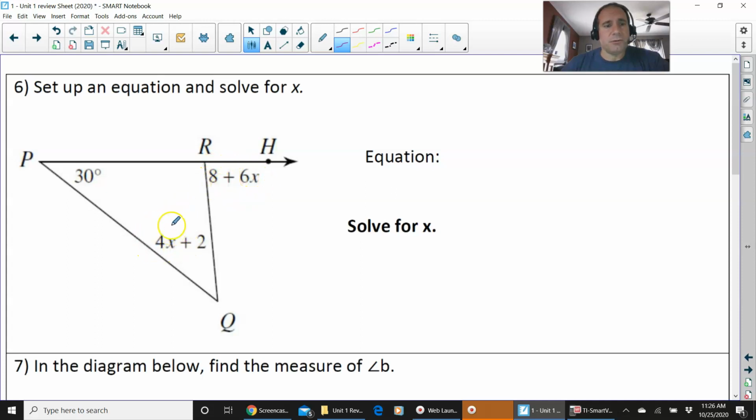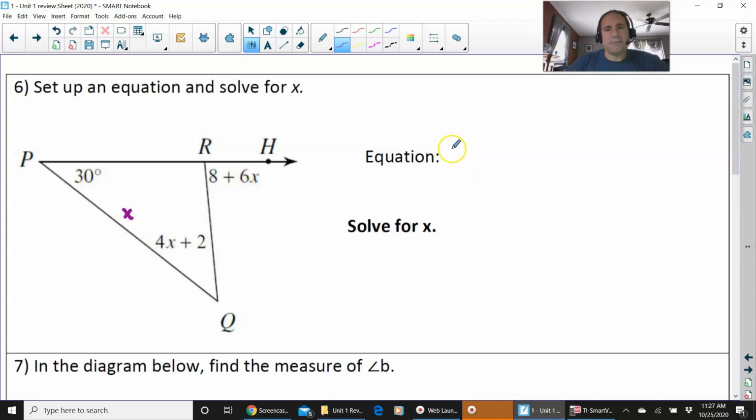The two non-adjacent interior angles, when you add them up, equal the exterior angle. So we're going to add these up. This plus this equals that.